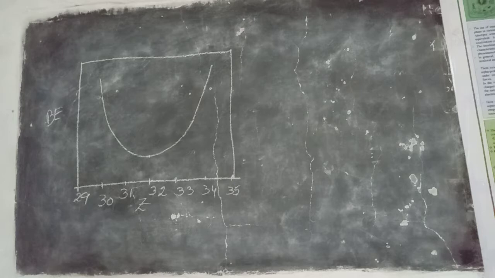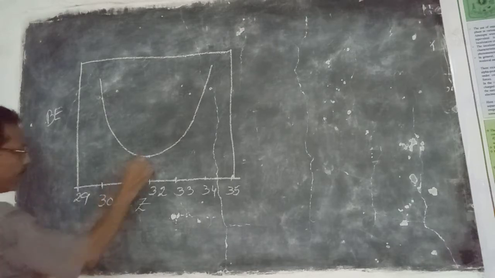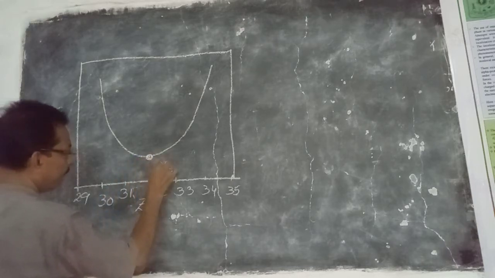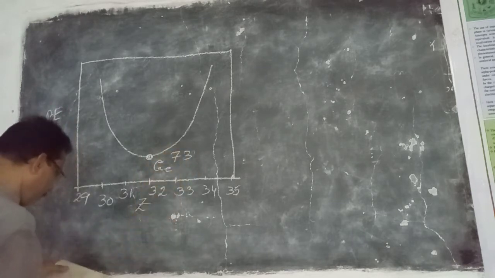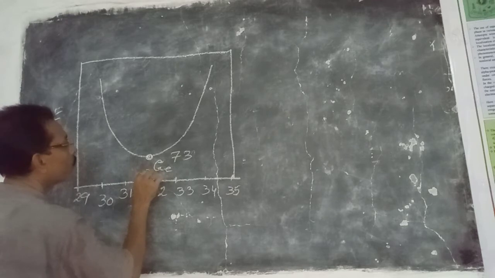The most stable of this series is germanium 73 with Z 32.